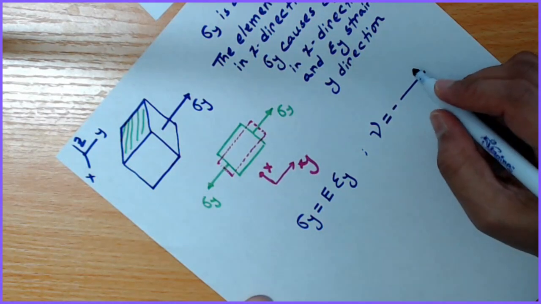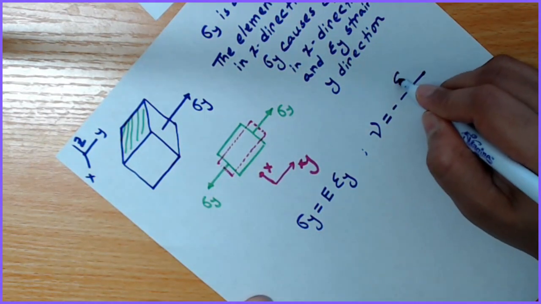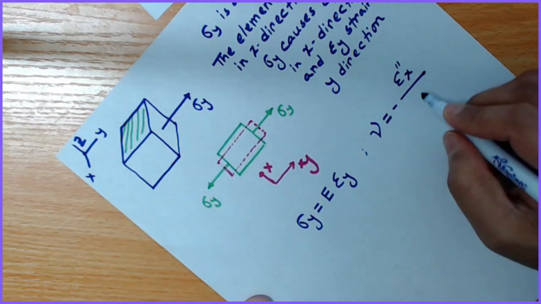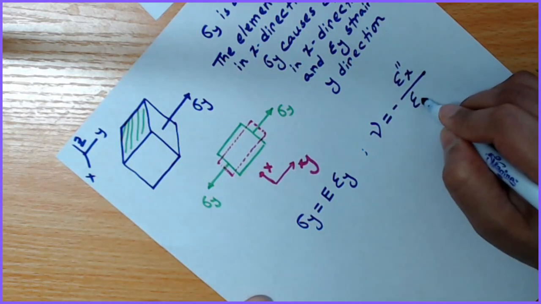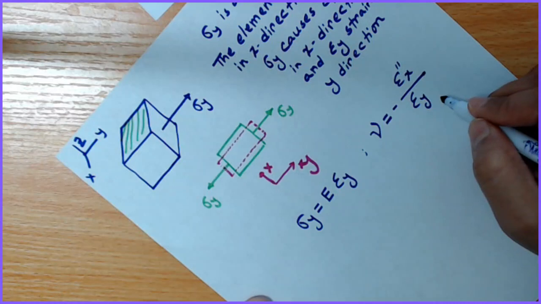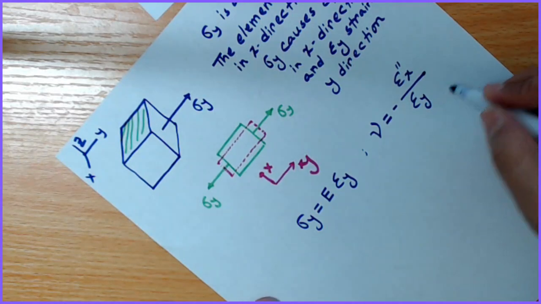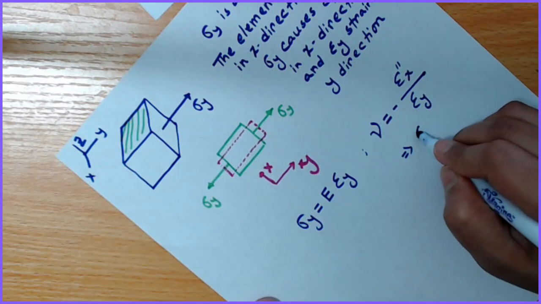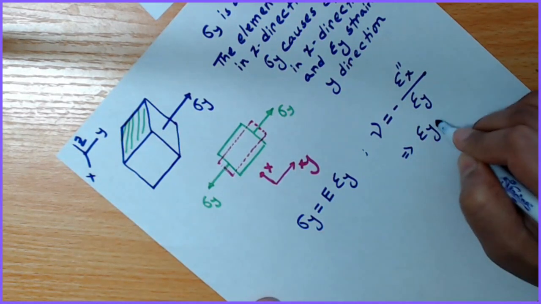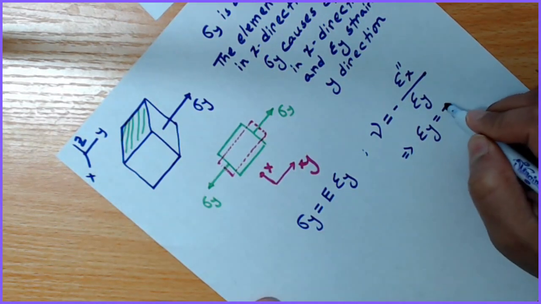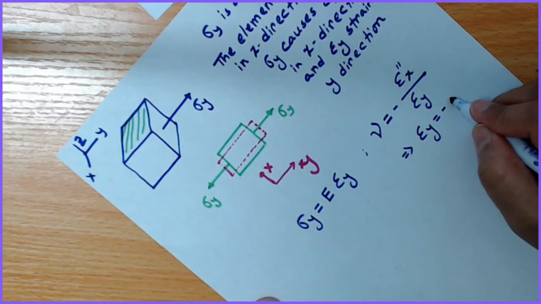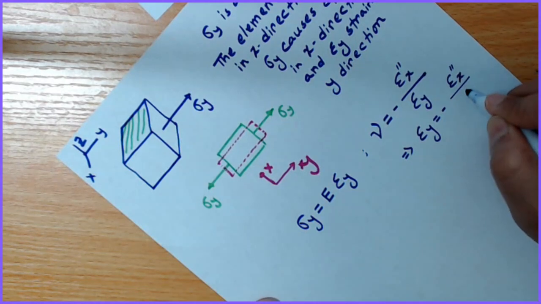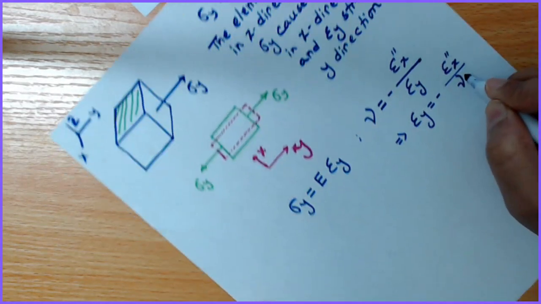In this case, our lateral strain is epsilon double prime x and epsilon y is our longitudinal strain. So if we rearrange this, we can say epsilon y equal to minus epsilon double prime x by nu.